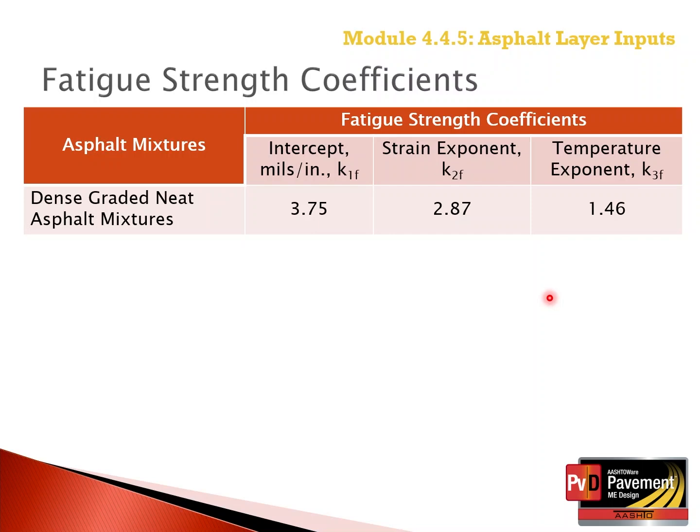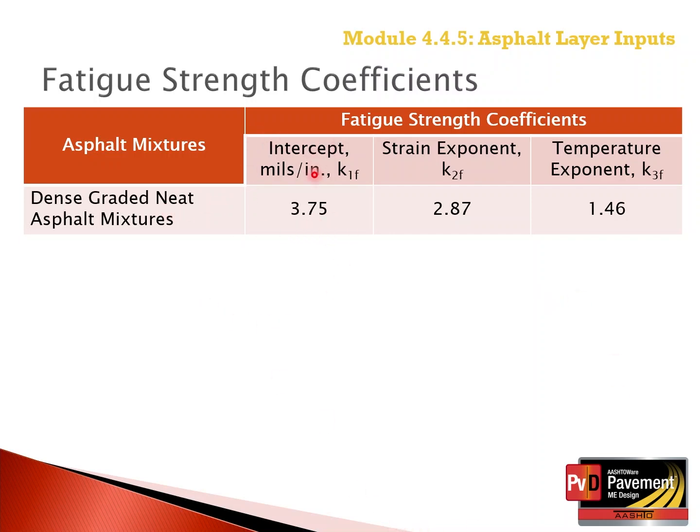This table, shown on the slide, provides the global calibration coefficients for the asphalt bottom-up fatigue cracking transfer function for all dense graded, or let's say neat dense graded asphalt mixtures. Only one set of coefficients was derived and used during the global calibration process because most of the test sections used in calibration were for dense graded neat asphalt mixes.